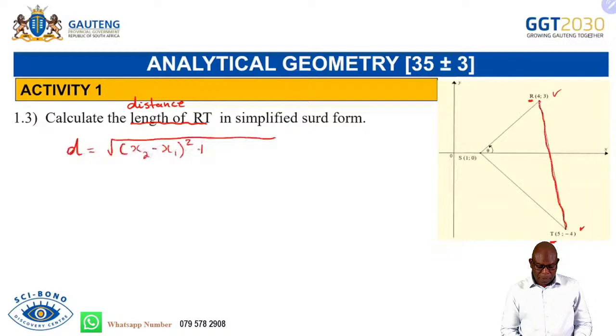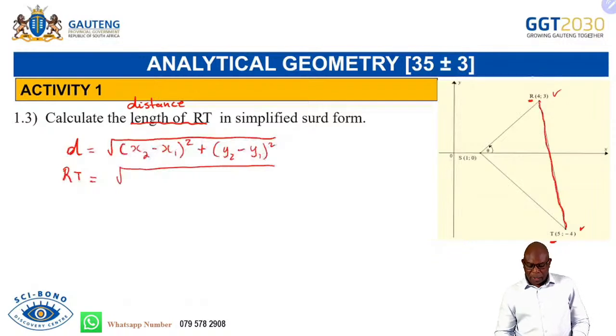Then that's plus (y2 minus y1) squared. So now, because I need the distance of RT, I write RT there. As I said, I prefer to write this one as x and y, x and y. So I'm going to have x at R, which is 4, minus x at T, which is 5.